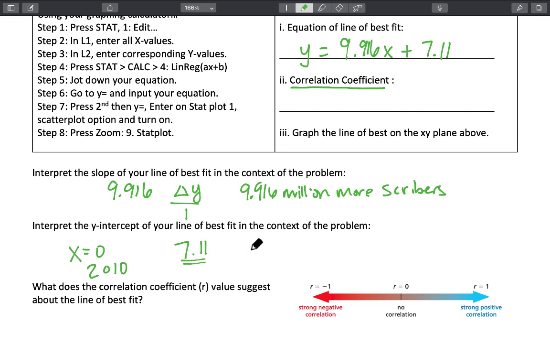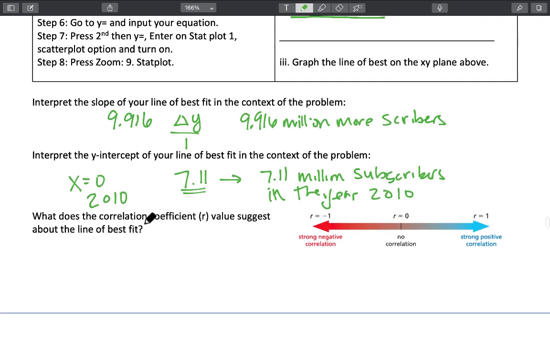So 7.11 is going to refer to about 7.11 million subscribers to our website in the year 2010. All right, again, we're going to talk about correlation coefficient a little bit more in class, and it's going to tell us what we can take away from our line of best fit.